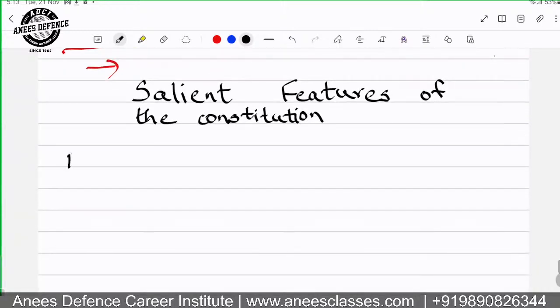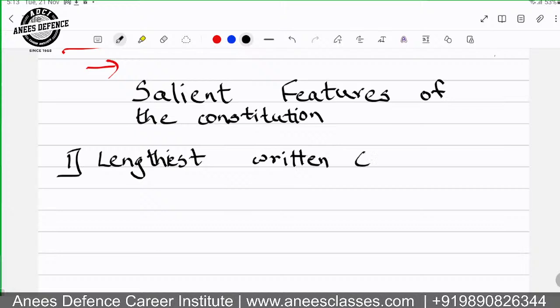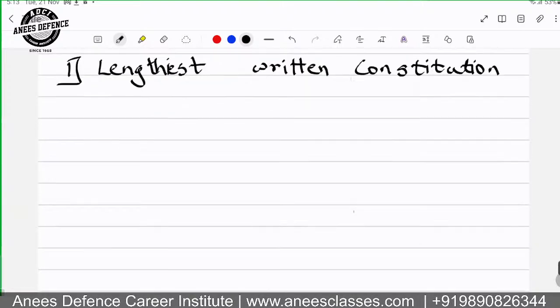The first important thing is the lengthiest written constitution. In the previous lectures, I had already explained the meaning of the constitution.